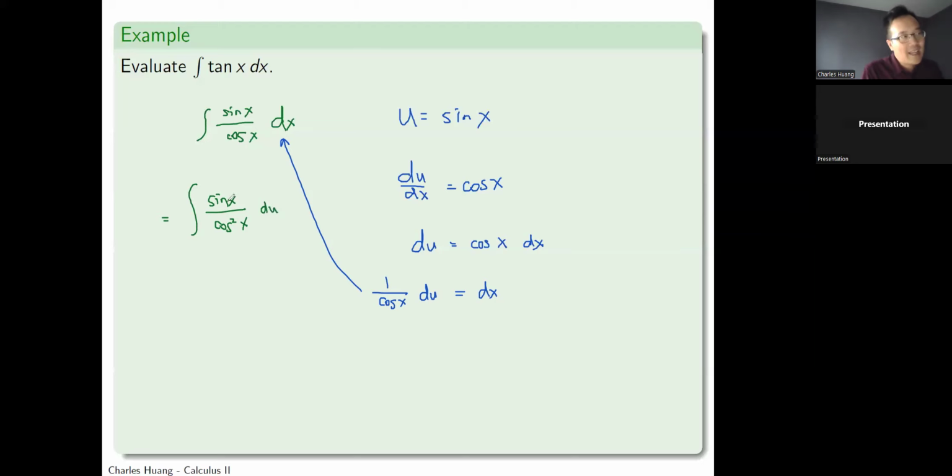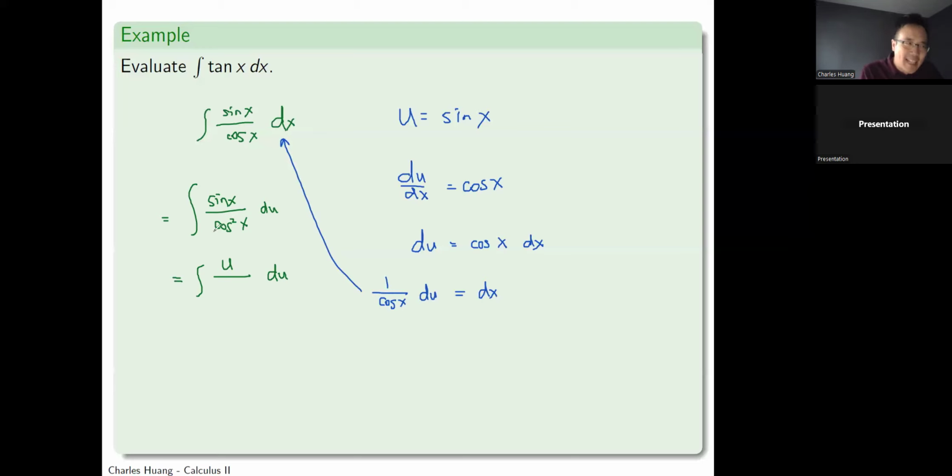While we can substitute the top as u, right, sine x is equal to u, the cos x is really annoying. You have to do some weird things to try to get rid of it, and it's normally not worth it. Normally, the question is going to be very straightforward. You're going to substitute, and things are going to work out nicely.